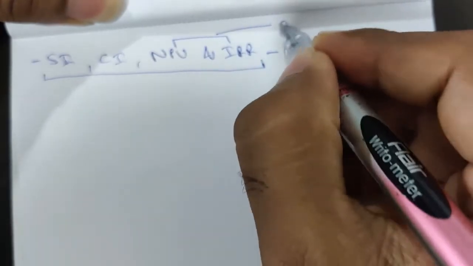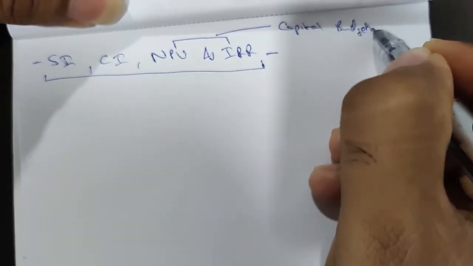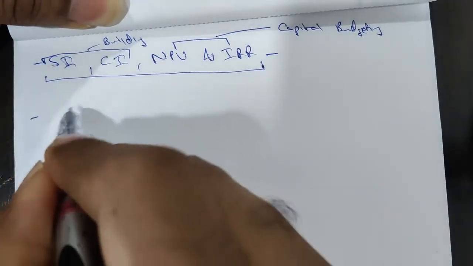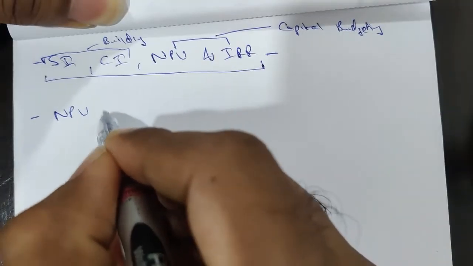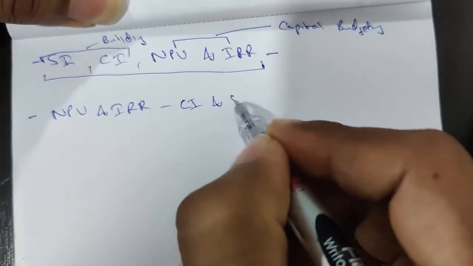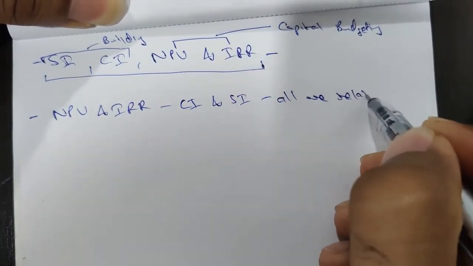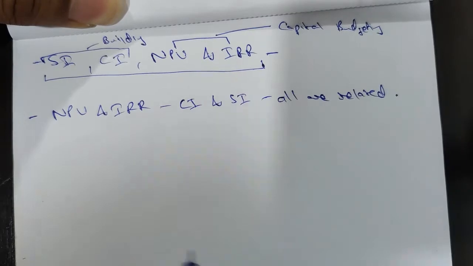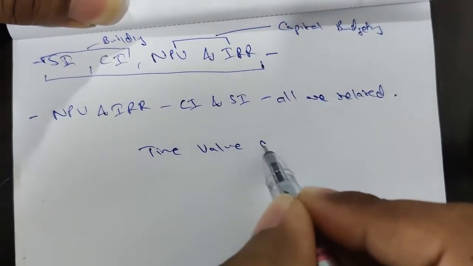This paper generally covers them in capital budgeting, and this is just the building block. Because as we proceed, we will see how NPV, IRR, CI and simple interest all are related. So with this, we will start time value of money.